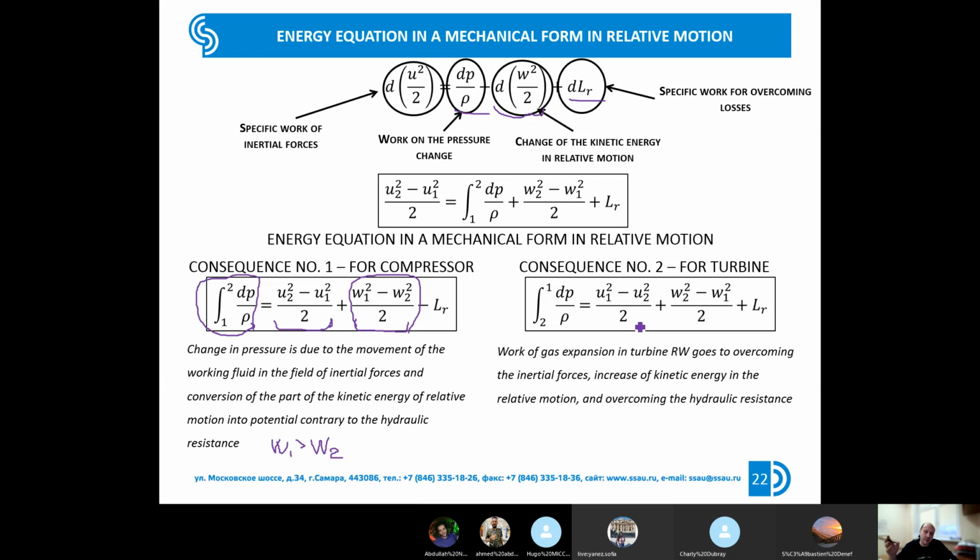So this equation describes in which directions we spend the energy of gas expansion in the turbine. So what I want to say, and I draw your attention to, is that this equation for the compressor and for the turbine looks very similar. I think you understand that if we compare these two equations, we will find only one difference between them: only the sign.